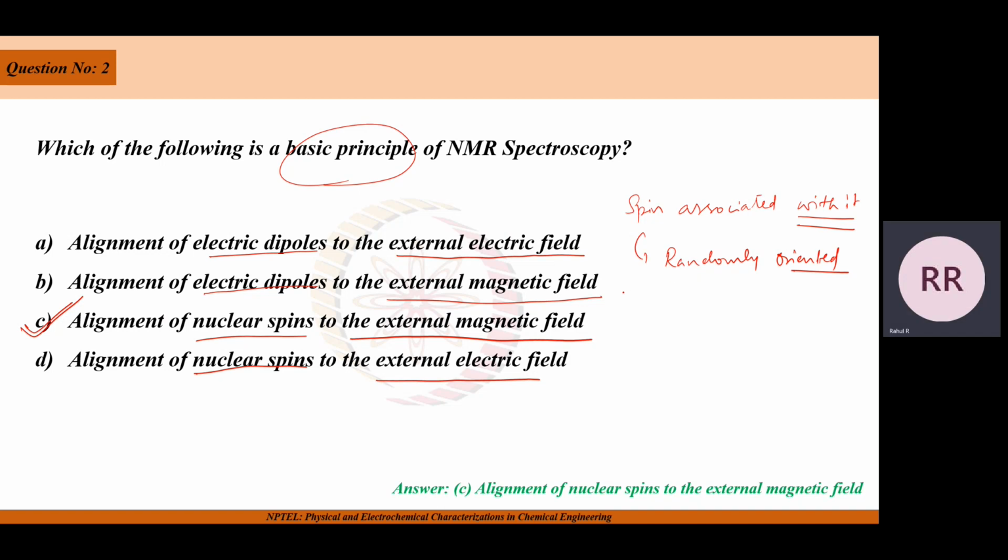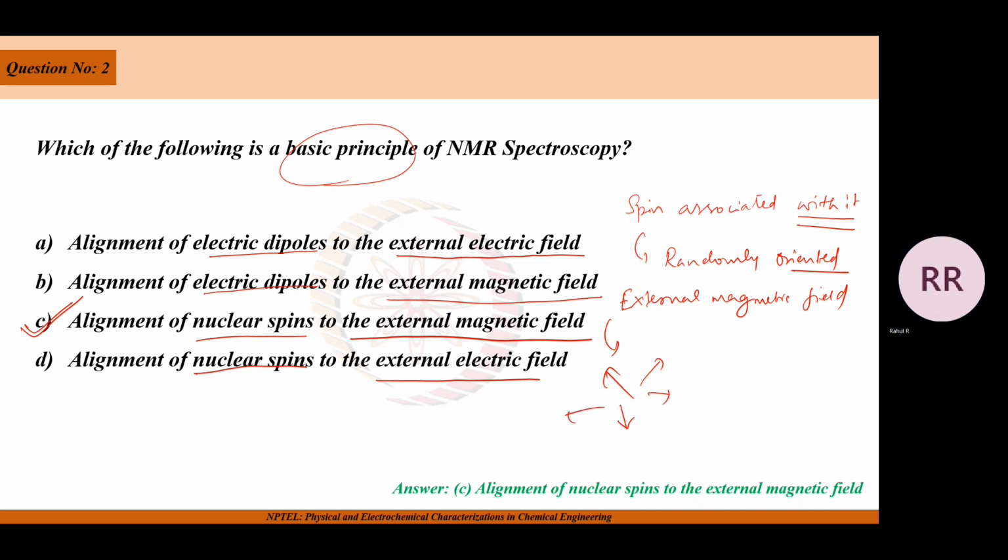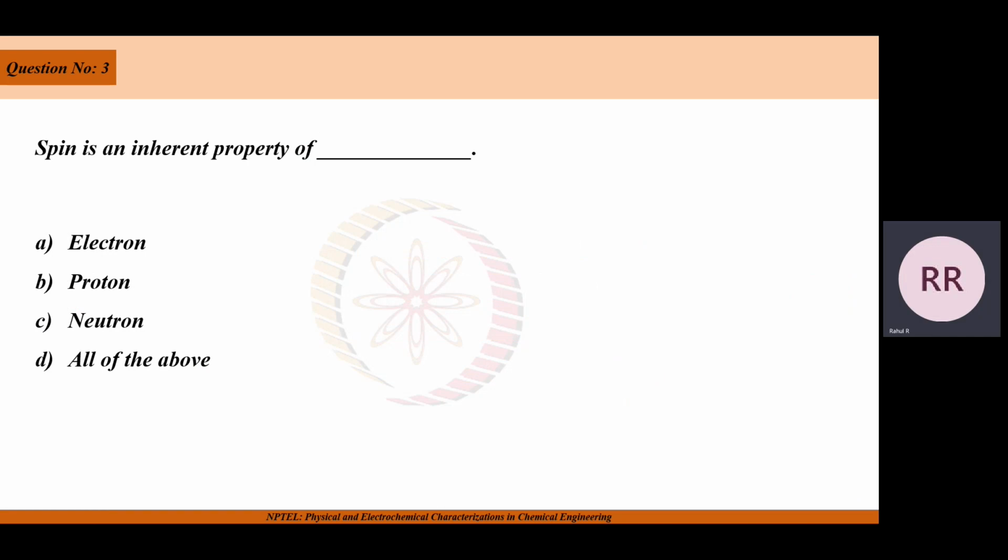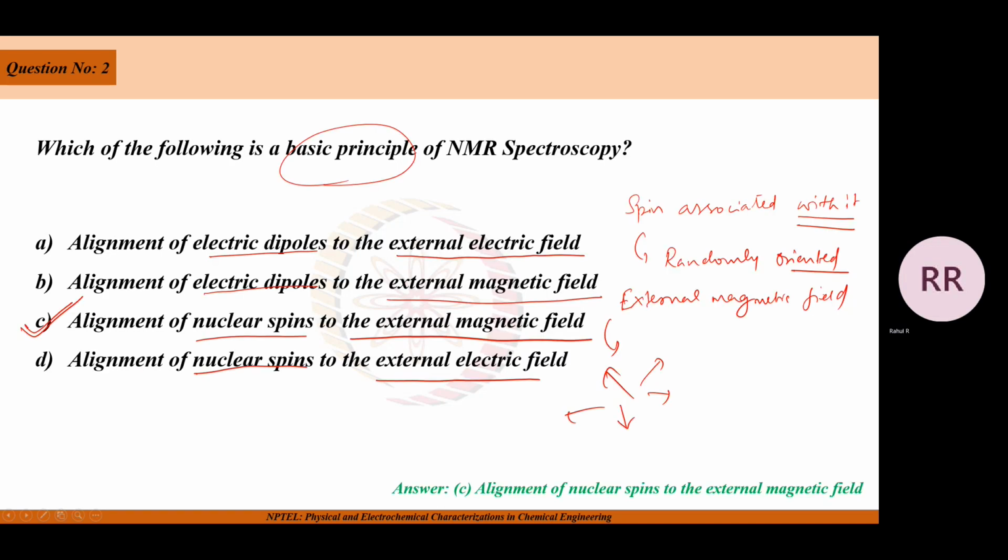But when we apply an external magnetic field, these randomly oriented spins, for instance, okay, just one second.